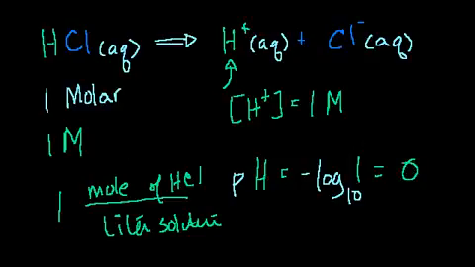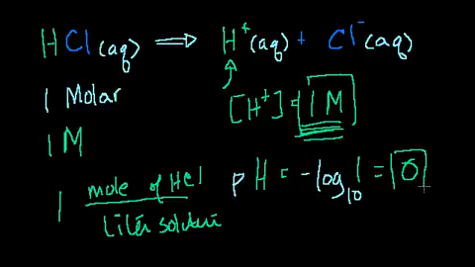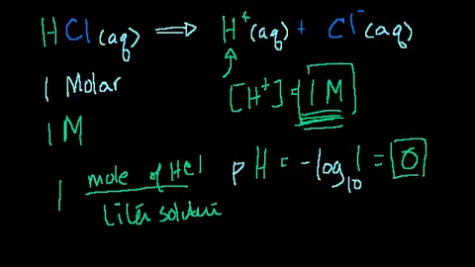So if you have 1 molar of hydrochloric acid and you throw it into an aqueous solution, I guess I'm saying you're putting it into a solution when I tell you it's 1 molar. So if you have a concentration of 1 mole per liter of solution, where the solvent is water, you will end up with a pH of 0. A pH of 0. What was water's neutral?